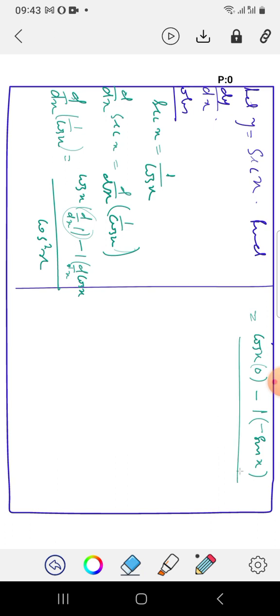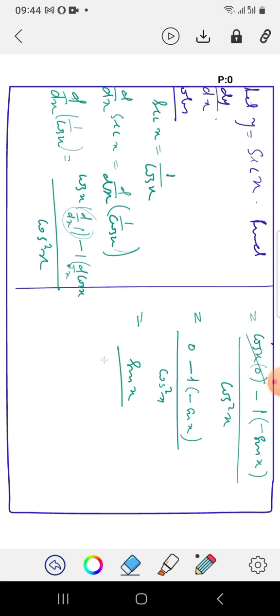And then the bottom is cos squared x. So this is going to give you 0 minus 1 times minus sine x over cos squared x, which is going to give you sine x over cos squared x.